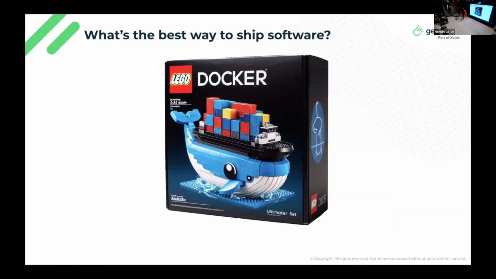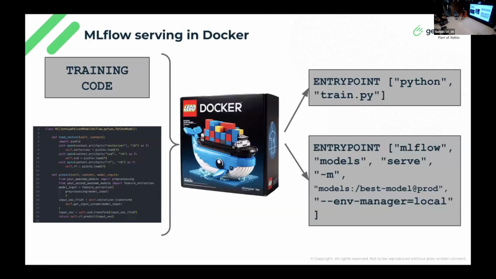And as of 2023 and 2024, the best way to ship any software is to have it in a Docker container. So I believe that most of you already have model training code Dockerized in some way.